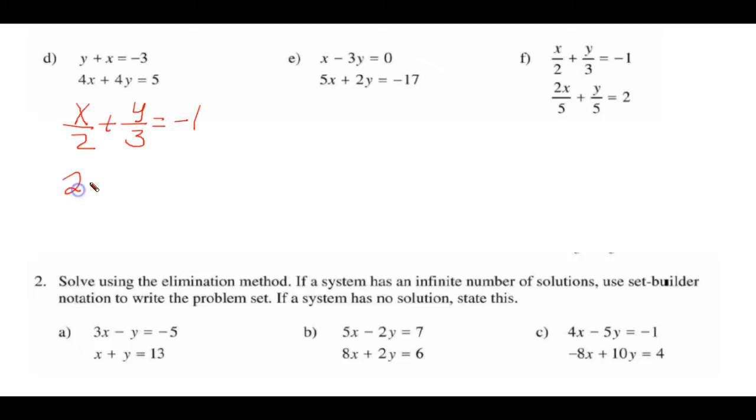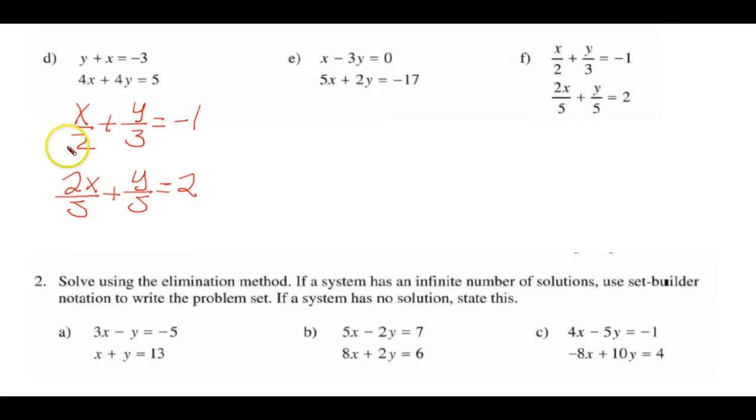And then we have 2x over 5 plus y over 5 equals 2. And always double check that you copied it correctly, because I've taken some tests in MATLAB here where I've just copied it incorrectly. It's going too fast. So again, we want to get rid of the fractions, and this will help us with our little study of equations too.